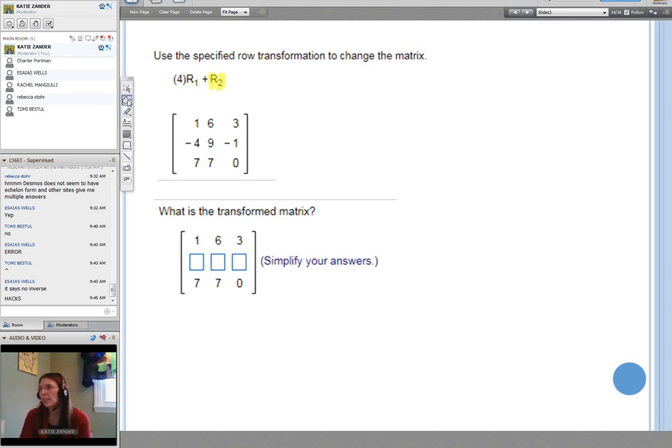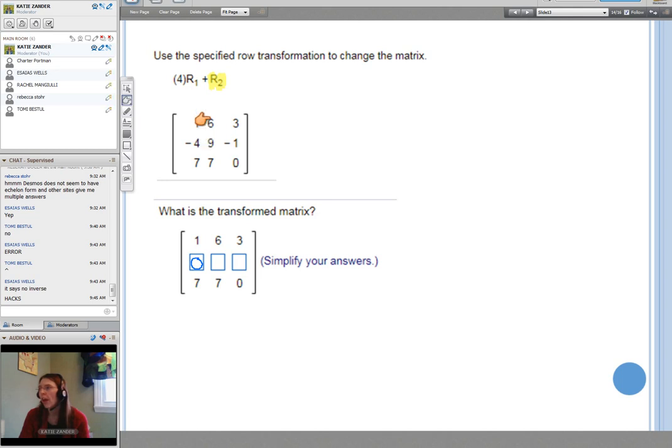So what this is basically telling you to do with this augmented matrix is take 4 times the element in row 1 and add that to row 2. So when I do that, 4 times 1 is 4. 4 plus negative 4 becomes a 0. So I'm technically replacing row 2 with the 0 for that first one.